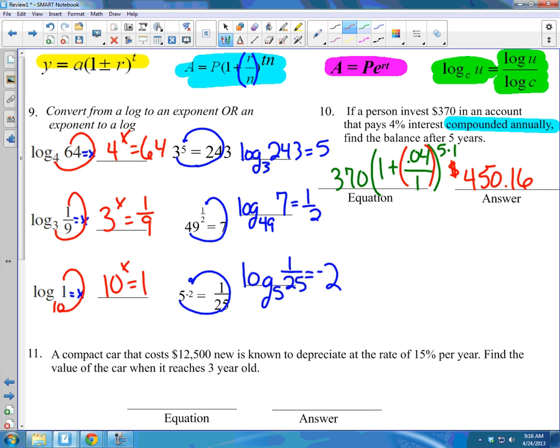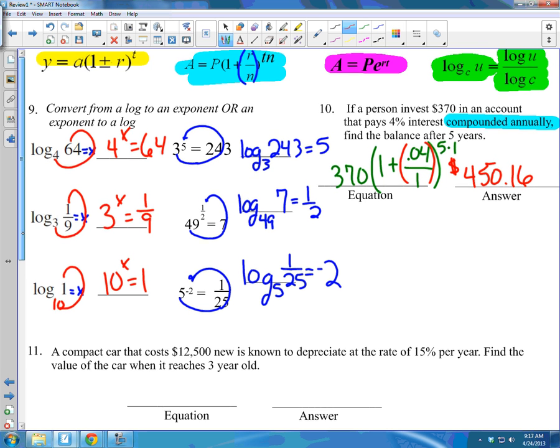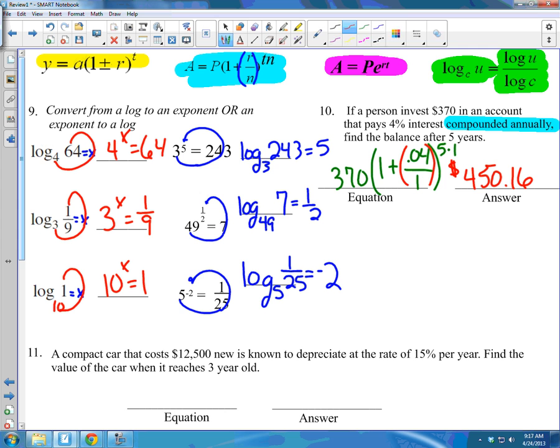All right, number 11, a compact car that costs $12,500 new is known to depreciate, so it's going down. At the rate of 15% per year, find the value of the car when it reaches 3 years old. There's no mention of the word compounded, so I'm going to use the first formula, the one that's highlighted in yellow.